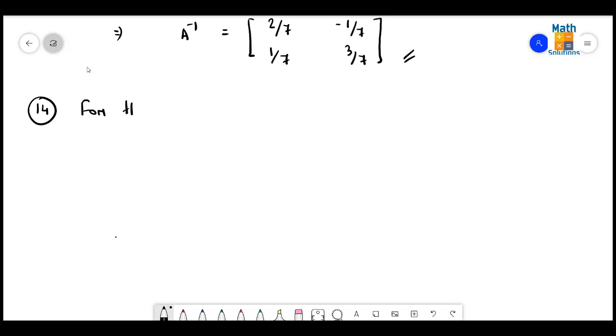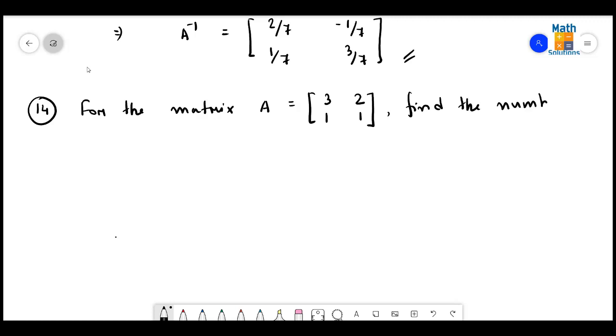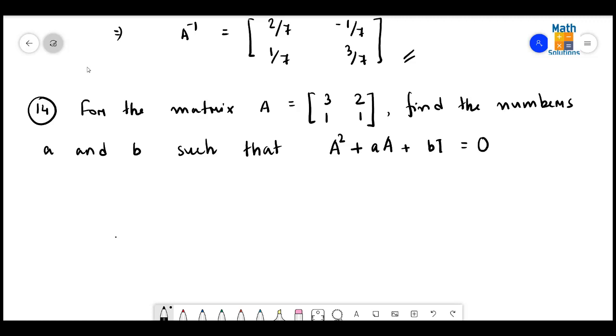For the matrix capital A equal to 3, 2, 1, 1, find the numbers small a and small b such that capital A square plus small a into capital A plus small b capital I is equal to a null matrix.